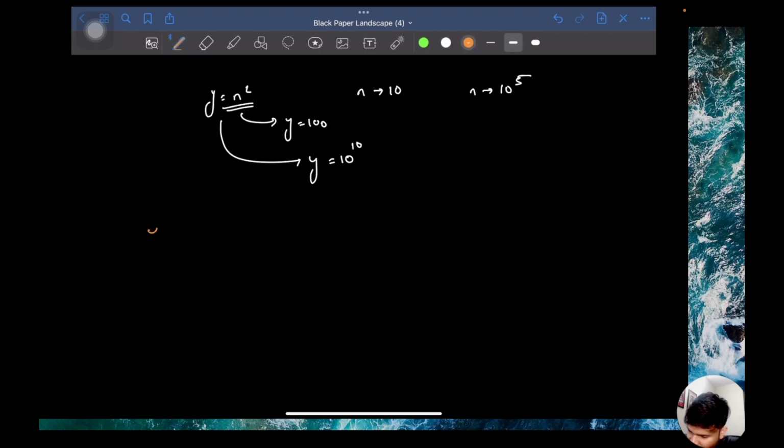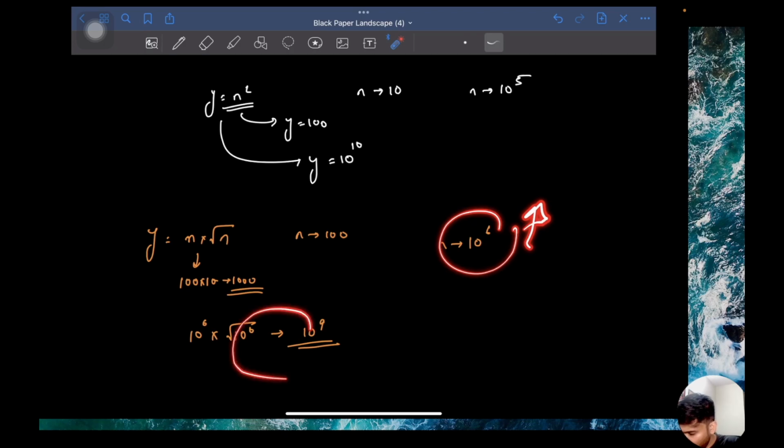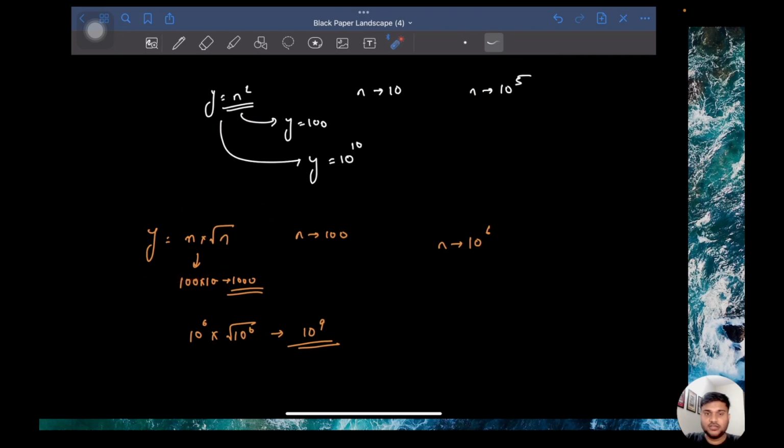Whereas if you have y equals n into root n, and let's say the value of n is 100, this is going to give you 100 into 10, that is 1000. But if the value of n becomes 10 raised to the power 6, then it will be 10 raised to the power 6 into root of 10 raised to the power 6, that is 10 raised to the power 9. So for an even higher value of n, n root n gives you a better value when compared to n square. So n root n is a better function in terms of rate of growth.